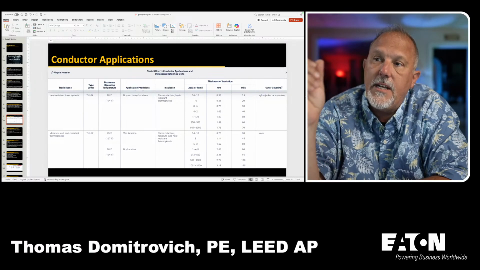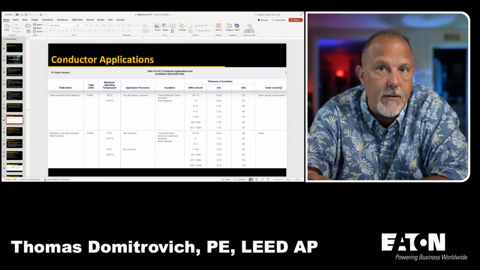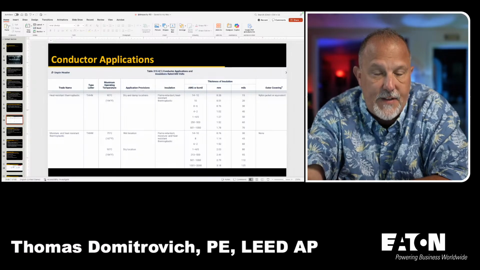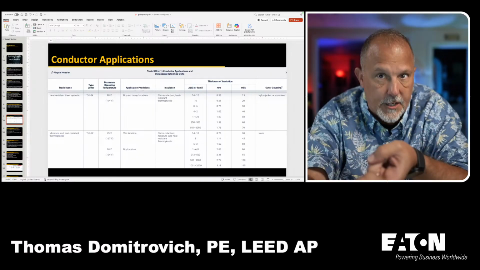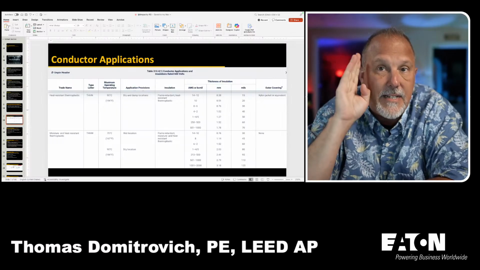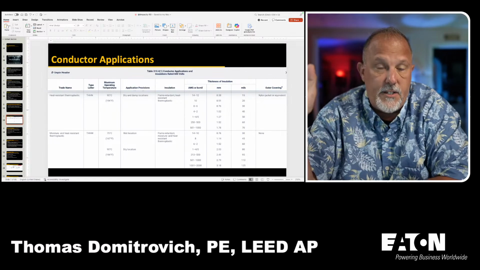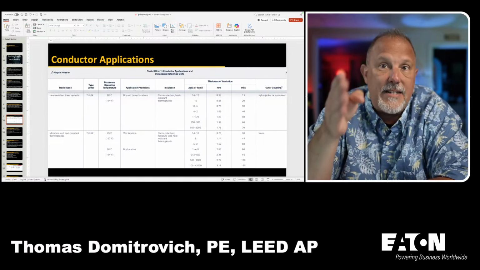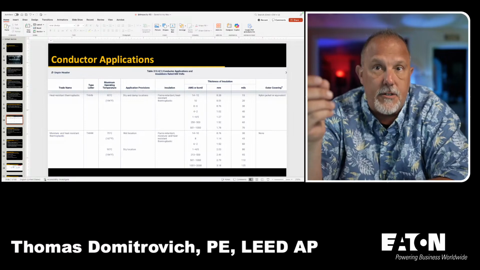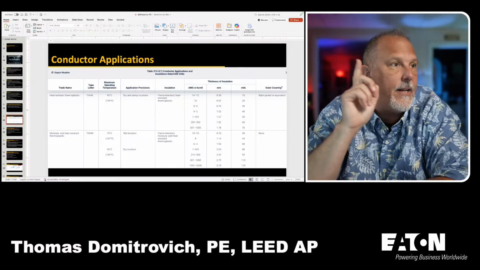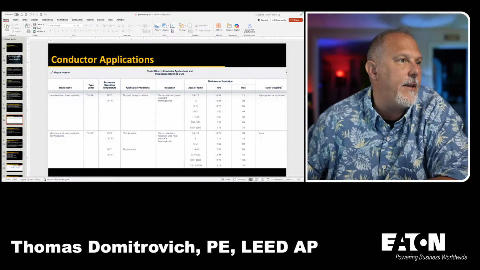So if I'm using a THHN conductor, when I apply my correction factors and adjustment factors for temperature and number of conductors in a raceway, I'm going to be using the 90°C column regardless, because that's the insulation rating of the conductor. And it calls it out specifically in the code.